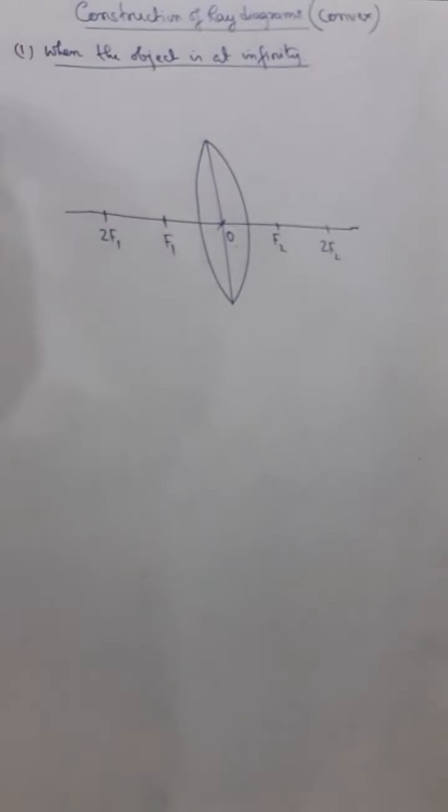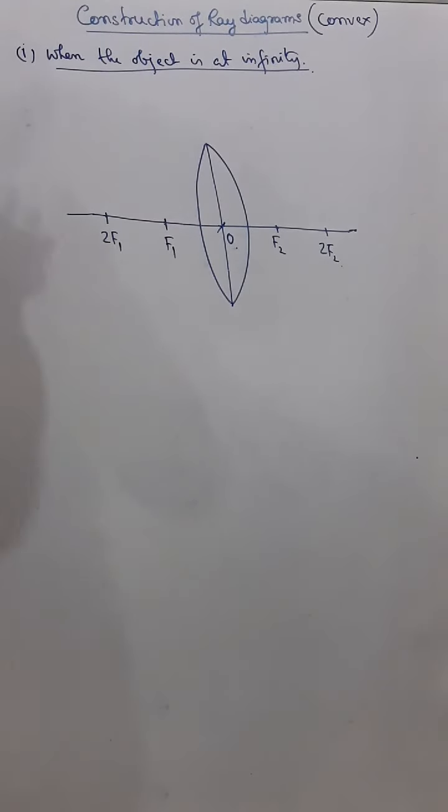And then when the object is at infinity, that means it is very far. For that we can show two types of diagram.